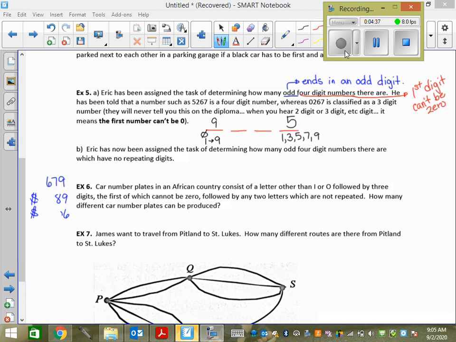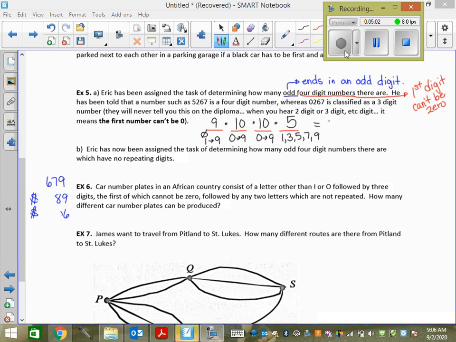Then I deal with the middle 2 next, because they didn't have any restrictions at all, did they? So what could they be? 0 to 9. Which is 10 and 10. And what do I have to do with all of these? What operation? Multiply.